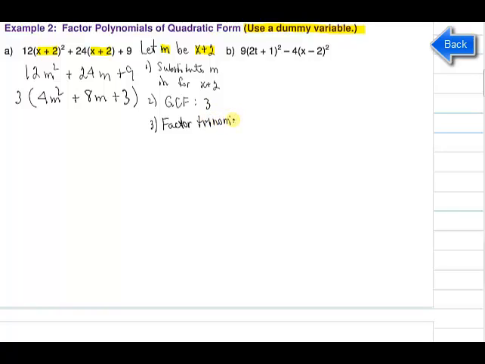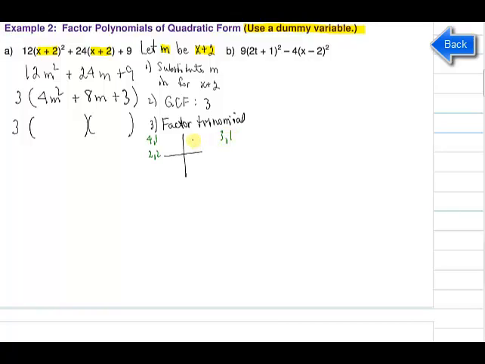I'm going to use inspection. If you want to use decomposition, you can. So I know that when I factor this, I am going to have 3 times 2 sets of brackets. I'm going to set up my organizer here. My factors of 4 can be 4 and 1 and 2 and 2, and my factors of 3 can be 3 and 1.